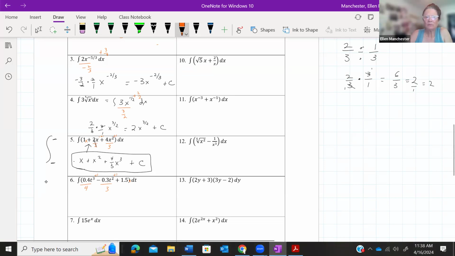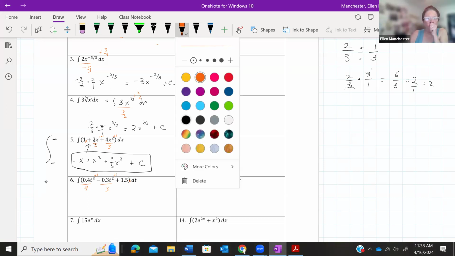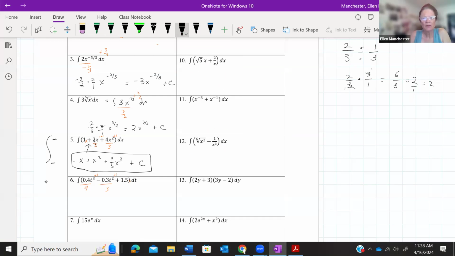Okay, now I'm going to simplify it. 0.4 divided by 4 is 0.1 x to the 4th. 0.3 divided by 3 is 0.1 x to the 3rd, plus 1.5 x plus c. And there is my original function.